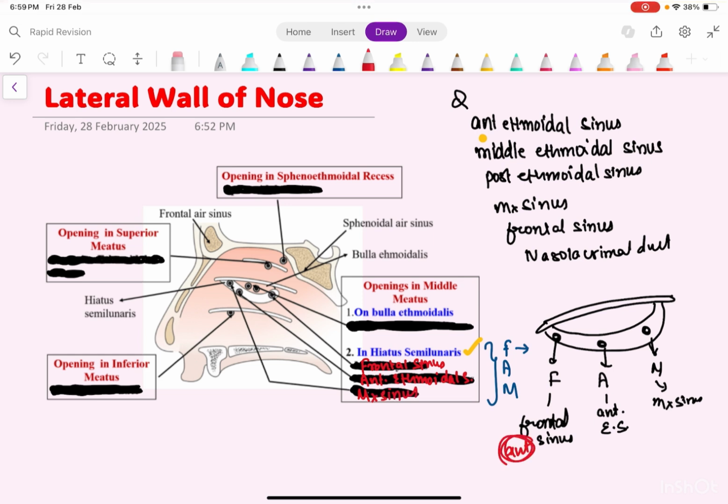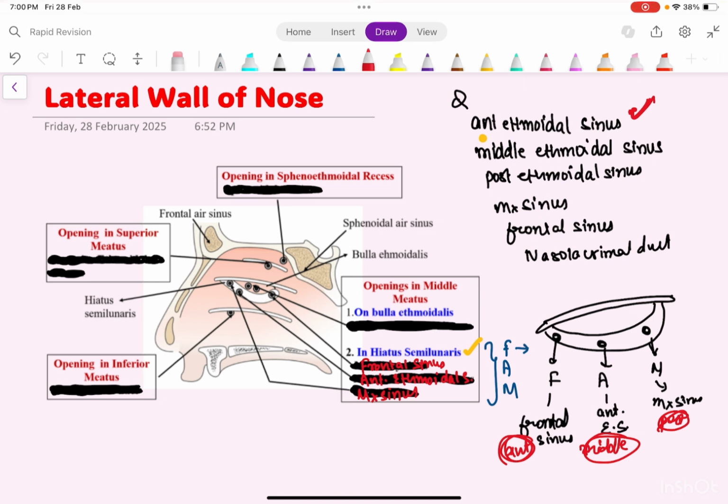Sometimes they ask what is present in the anterior, what is present in the posterior, and what is present in the middle of the hiatus semilunaris. So you have to know this by heart. Then the bulla ethmoidalis, we'll come to it later on. Now we are done with anterior. Let's talk about the middle ethmoidal sinus.